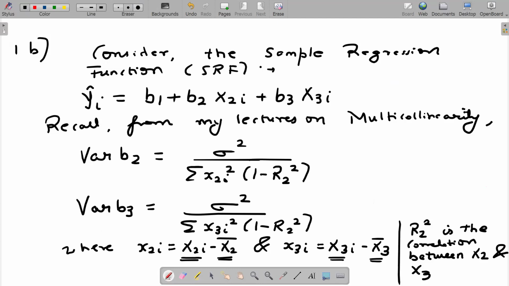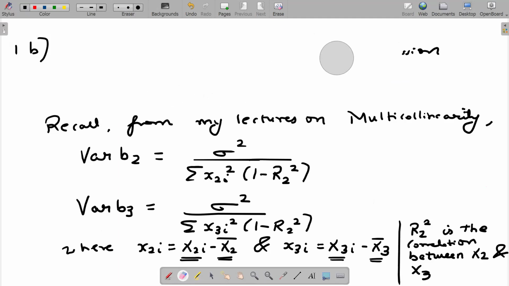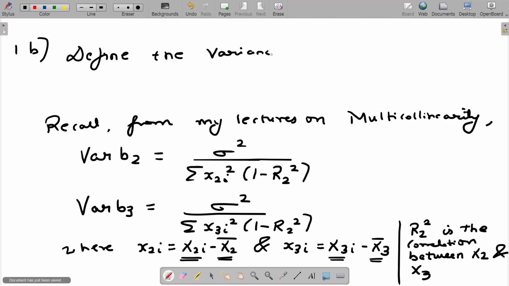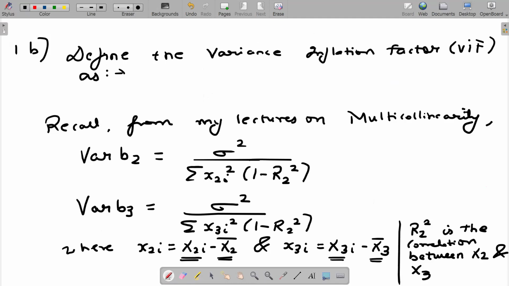And on the top I can write what is my variance inflation factor. Define the variance inflation factor, which I call VIF, as follows. The variance inflation factor is 1 over 1 minus R2 square.